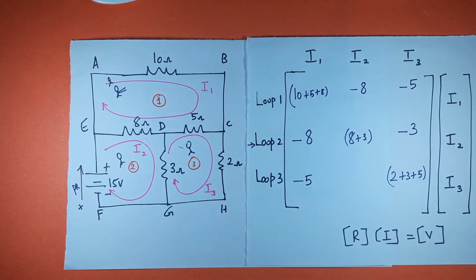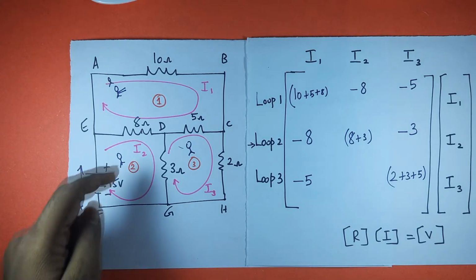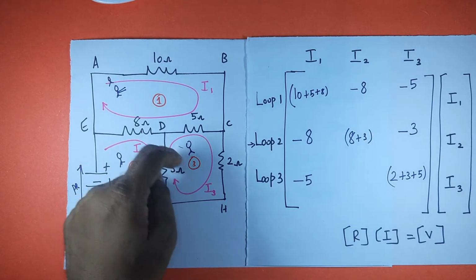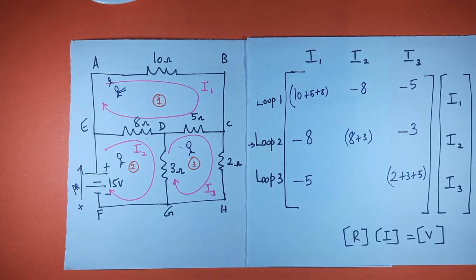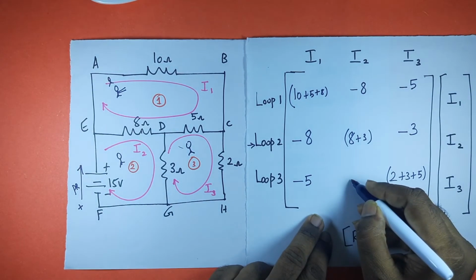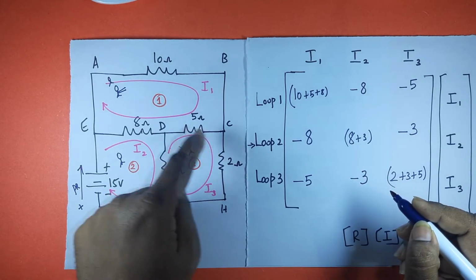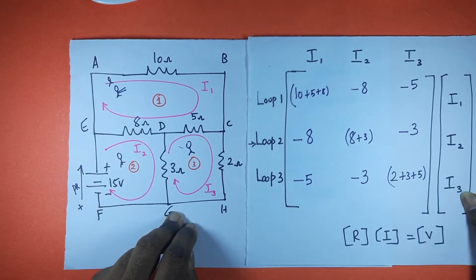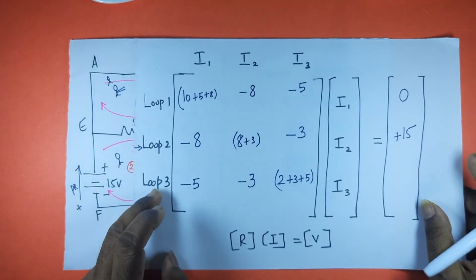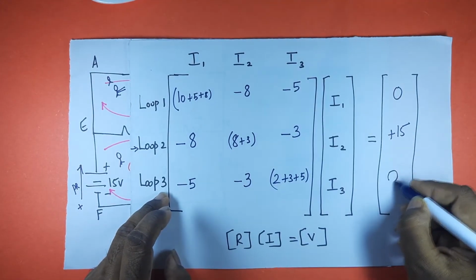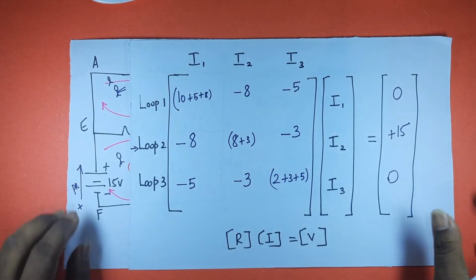And whether I2 is flowing through loop 3? Yes. This I2 is flowing through this 3 ohm, but in the opposite direction. So it is going to be minus 3. And is there any voltage source in loop 3? No voltage sources. So you put 0.